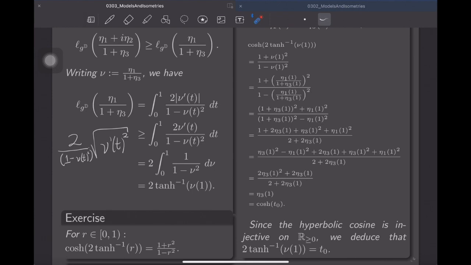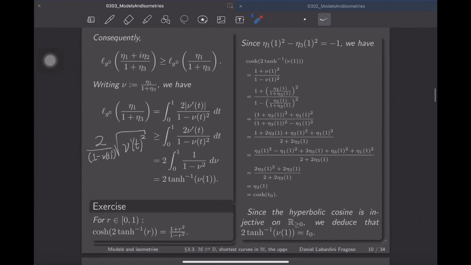And hyperbolic cosine, if you restrict your attention only to non-negative real numbers, it's injective there. If you look at the graph of hyperbolic cosine, it looks something like this. I don't want to make a silly mistake, but I don't quite recall at which height, but it looks like this.